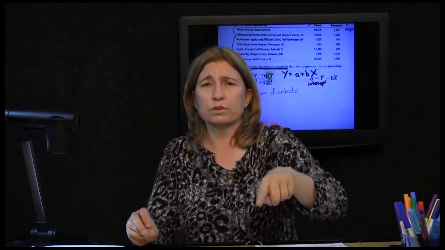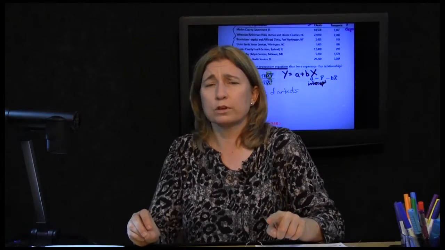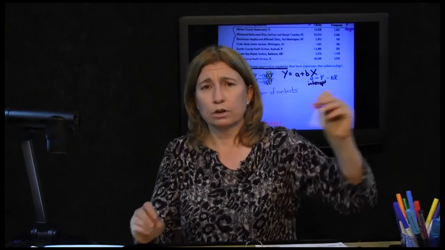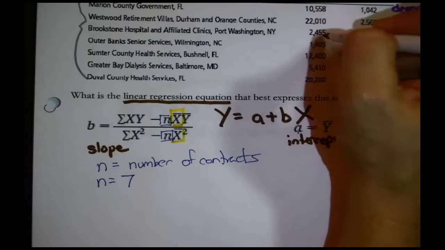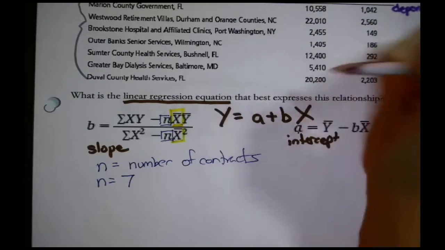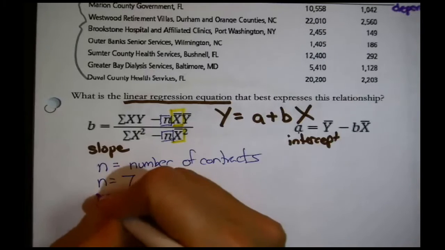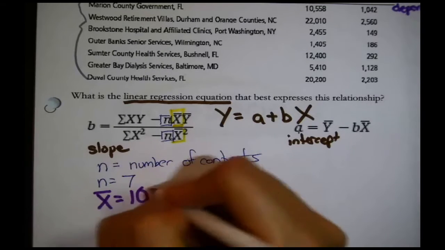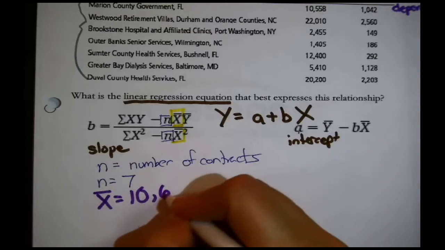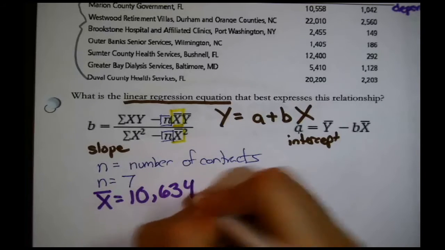It's the average of those 7 numbers that we were given, the contract sizes. It's just the average of this number, that number, this number, that number, that number, that number, that number. I did that work. I get X bar equals 10,634.